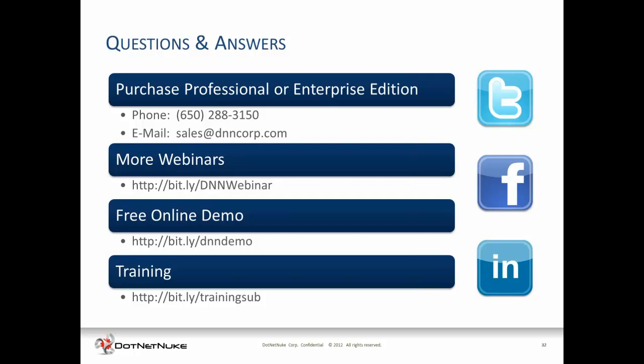So is there a maximum number of synchronization items? There is not a maximum number of synchronization items at this time. It can be any number that you would like.